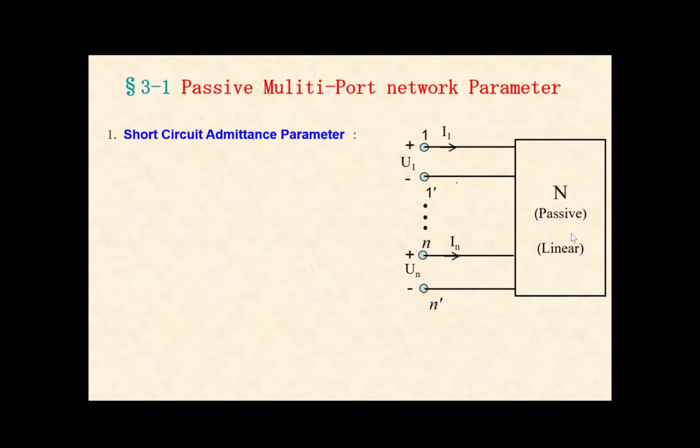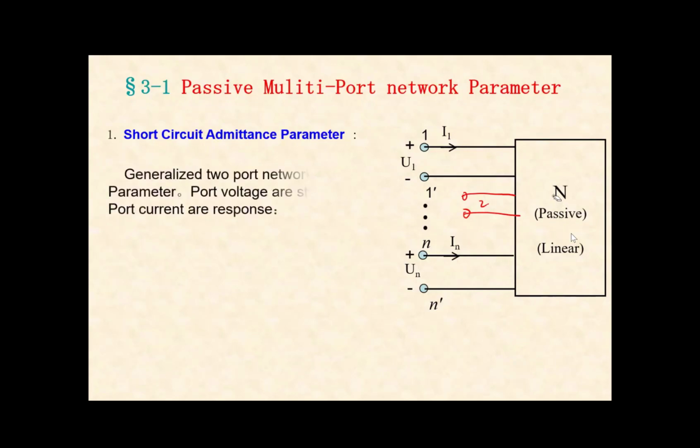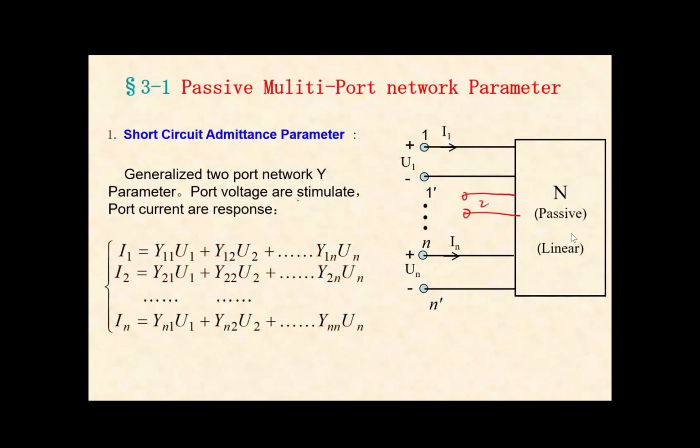Multiport: port 1, port 2, port 3, and port N. Passive here means no independent voltage source, no independent current source inside. It is a generalization of the two-port network Y parameter. We use port voltage as the stimulus, as the source, and the port current as the response or variable.